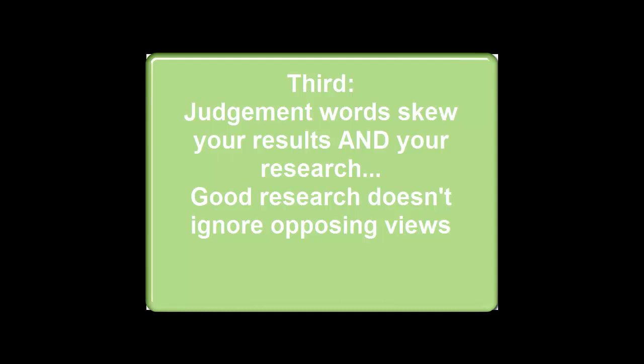By limiting yourself only to those researchers who happen to agree exactly with your position, you aren't fully engaging in the research process. Good quality research doesn't pretend that conflicting views don't exist. And so if you fail to tackle those conflicting views, your work might be considered biased or incomplete.